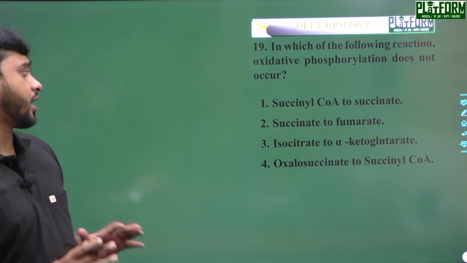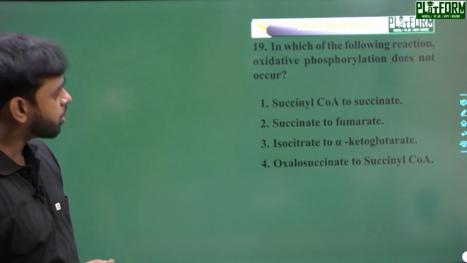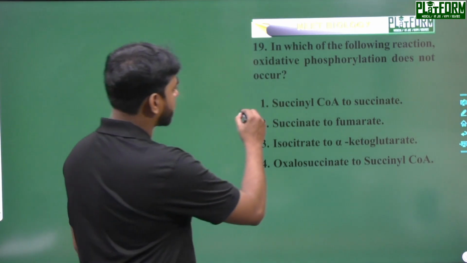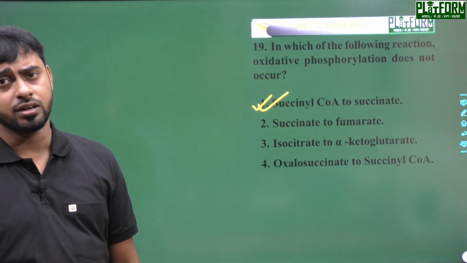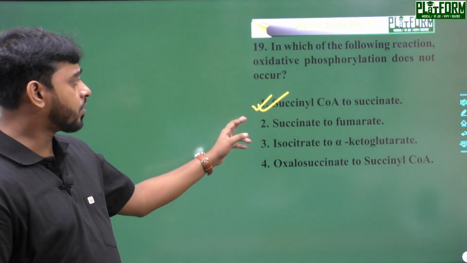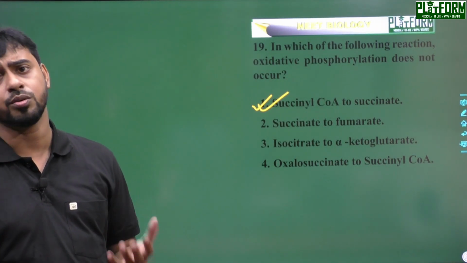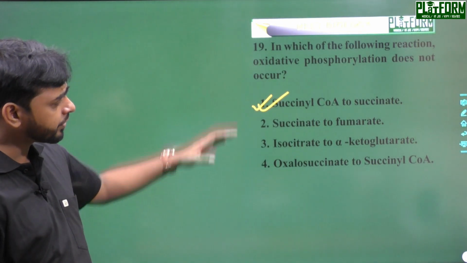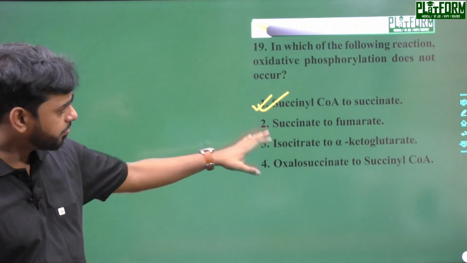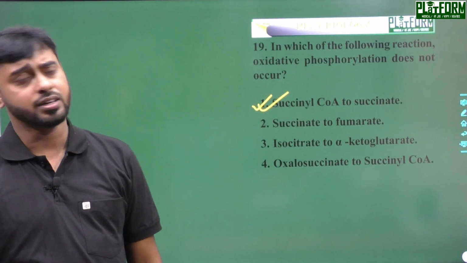Now in the Krebs cycle, oxidative phosphorylation does not occur in succinyl-CoA to succinate. In succinyl-CoA to succinate, substrate level phosphorylation is observed, but oxidative phosphorylation is observed in all the other places except the succinyl-CoA to succinate.